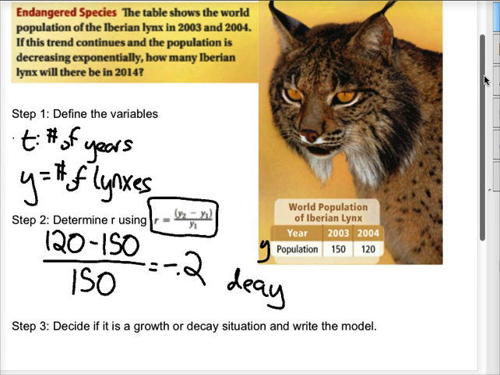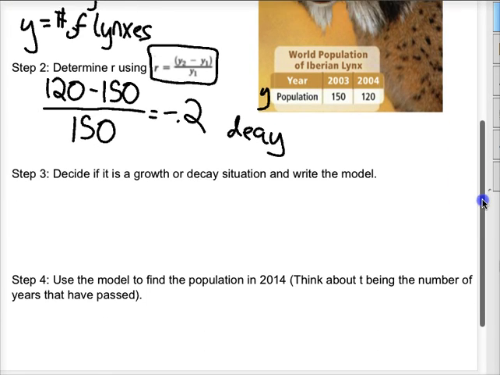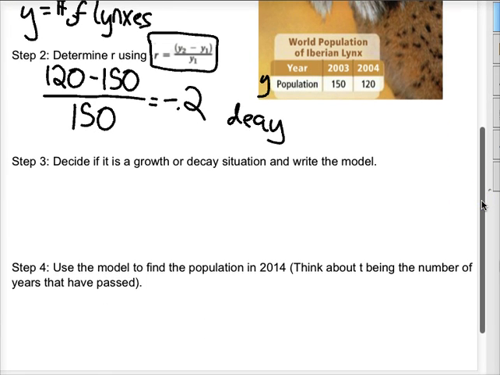That's what that negative is telling me, that the population is decreasing, going down. Again, that negative R is telling me decreasing, that our population is going down.